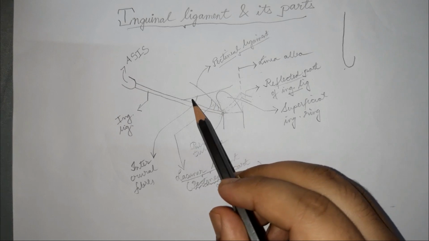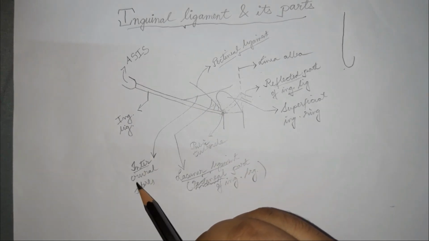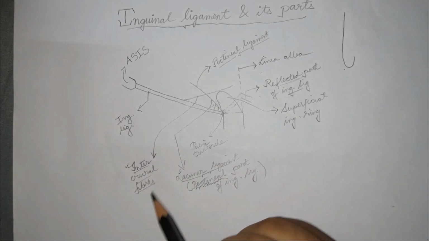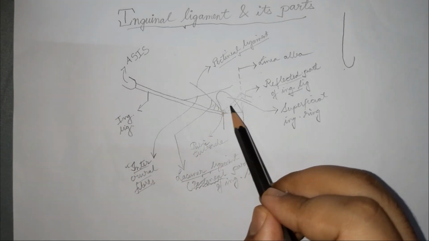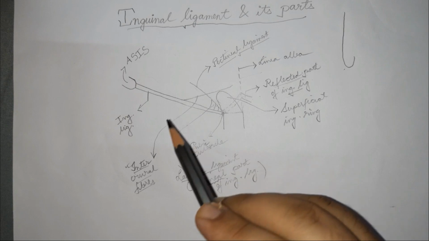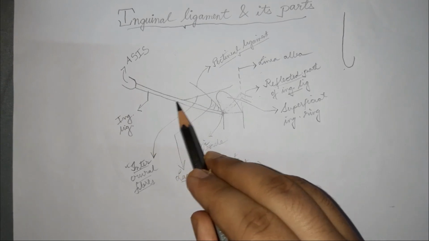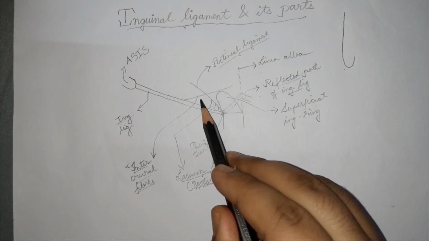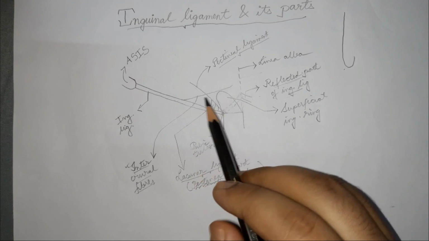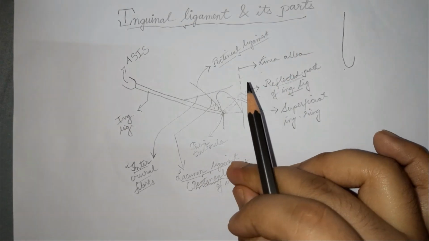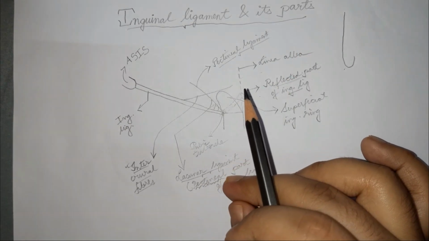So what does that have to do with intercrural fibers? The name itself is telling you: intercrural, and I just mentioned that these are the two crura. So the intercrural fibers run from the middle of the inguinal ligament towards the two crura, and they keep the two crura attached together.